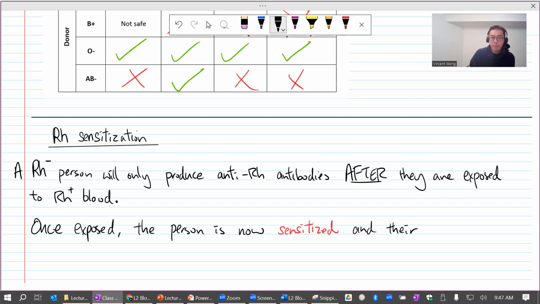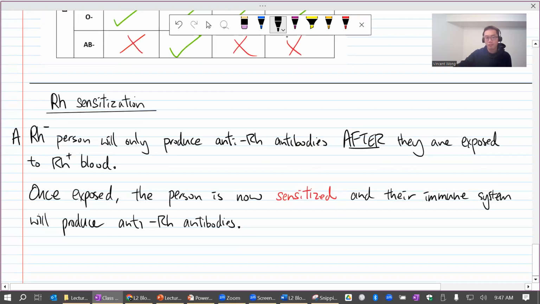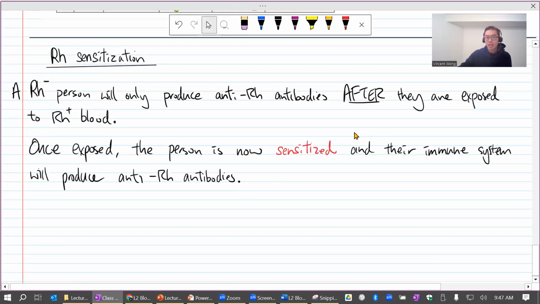And their immune system will produce anti-RH antibodies. Okay, there is no going back. Once you are sensitized, it's for life. Okay, those antibodies are going to be in your system. You cannot unsensitize yourself.